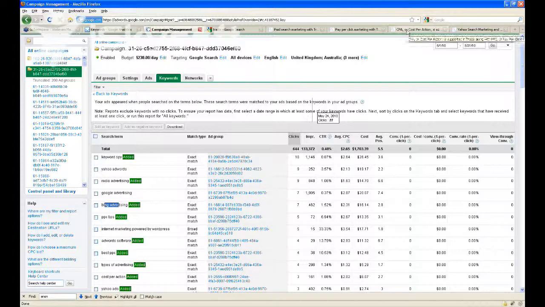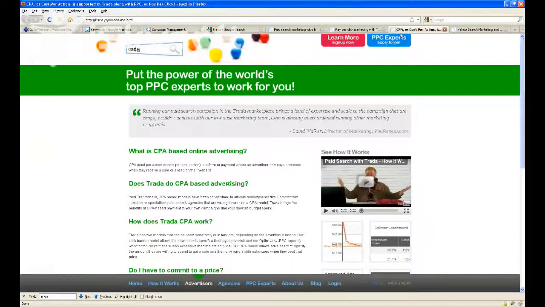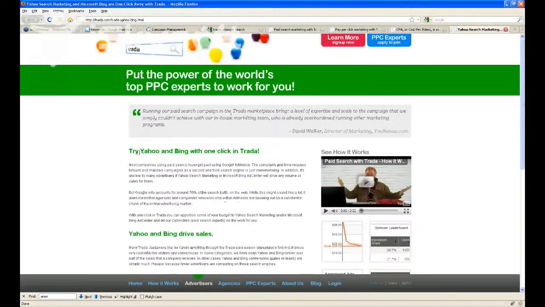So I already showed you the CPA or cost per action page, but we also built a page very specific to Yahoo and to Bing. So if you typed in Yahoo advertising or Bing advertising and you saw our ad and you clicked on it, you would land right on this landing page, and immediately you would see that this page was talking about what you cared about, and you would engage with it, and then engagement turns into more conversions and leads.